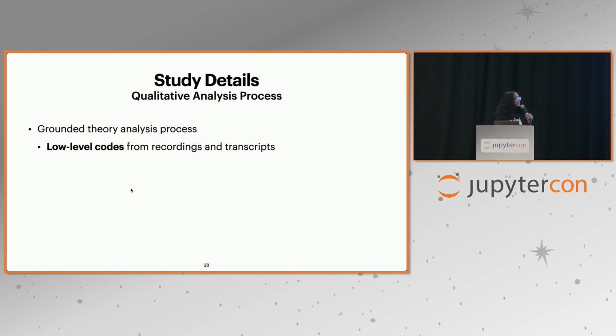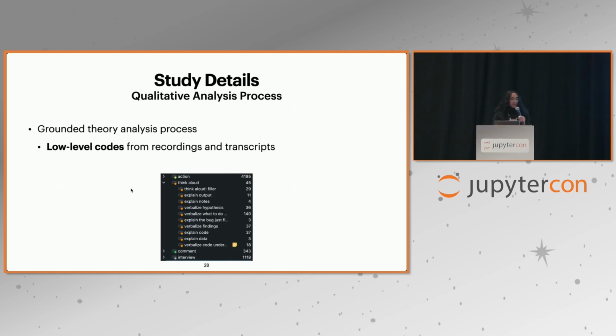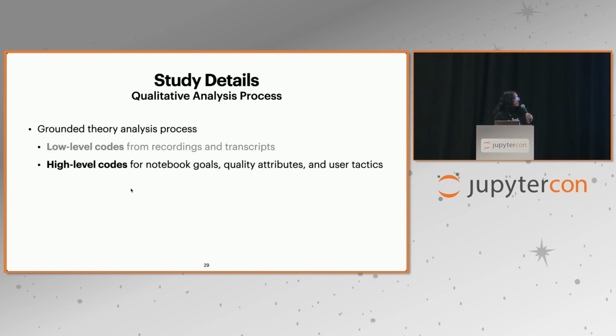So we started out with these low-level codes where we tagged almost every second of our recordings and our transcripts, and this resulted in like 6,000 codes from our data. And then we used these low-level codes to derive high-level codes related to our notebook goals, quality attributes, and user tactics, which are the results of our research questions.